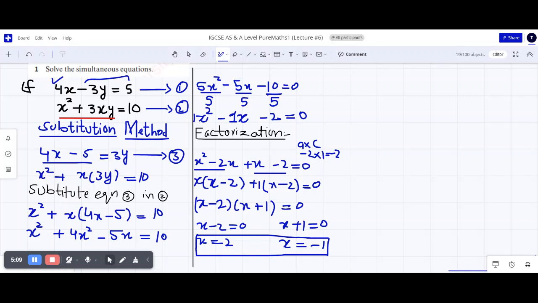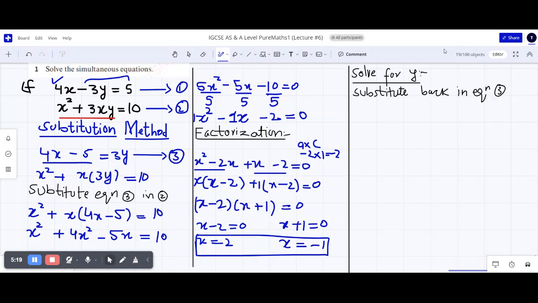For simultaneous equations, we need to find the values of both variables. So let's solve for y. Substitute back into equation 3 both values of x. Equation 3 is 4x minus 5 equals 3y.